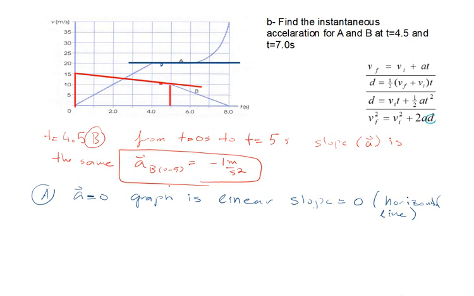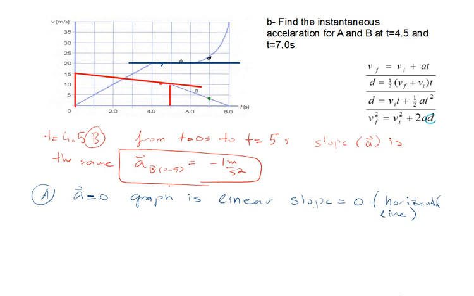So now let's look at a more complicated problem where you have t equals 7. So 7 is right here, and at point 7 it is going to be right there.